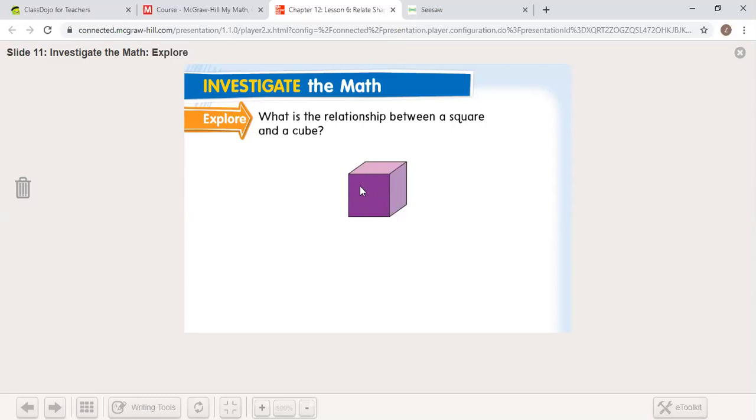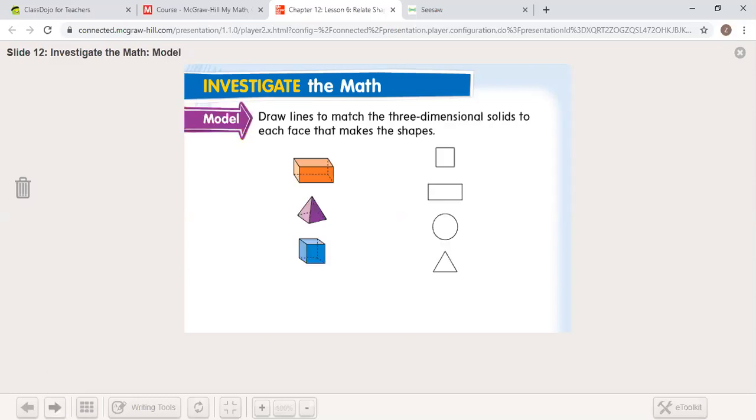So when I would make a cube, I would use squares. And I can tape them, glue them, do whatever I can to make a cube. So, again, a cube has how many faces? 6. So I would need to take 6 squares and tape them together on the edges to make a cube.